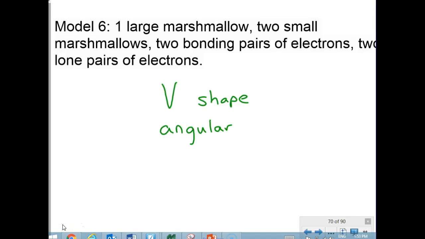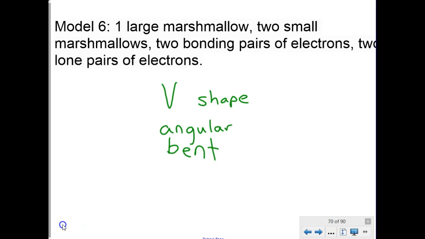There is another name for this shape that you might see. This can also be called a bent shape. Thank you for reminding me of that. It just depends what author they're reading from and what they were trained with, I guess.